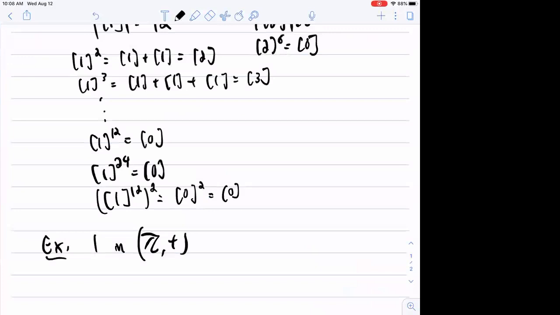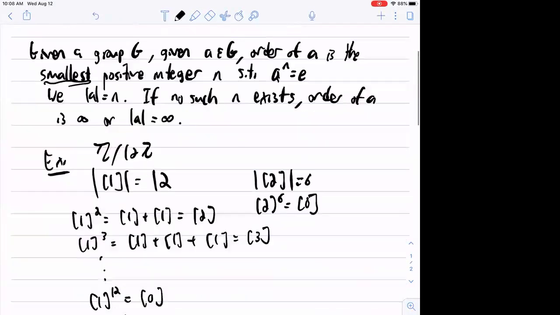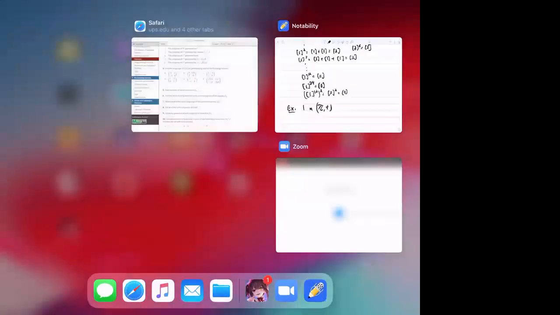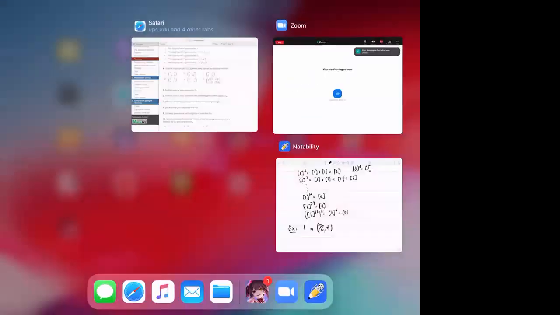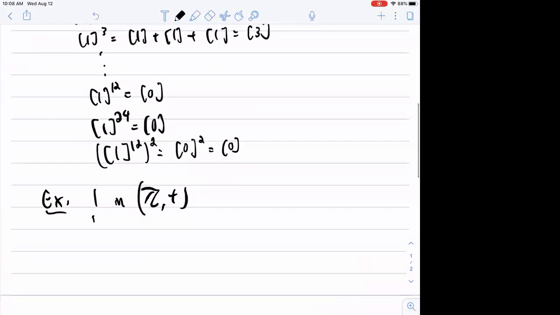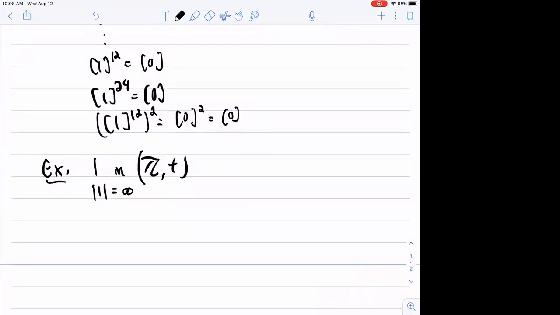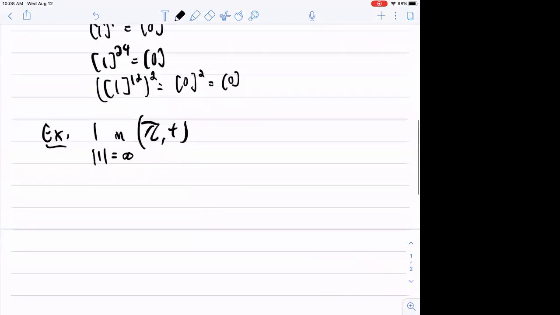It's kind of like a trick question. So yeah, it's infinite, right? You're never gonna get 0. So the order of 1 is infinite. Okay. Now for finite groups, you will get finite order. So you could show that.